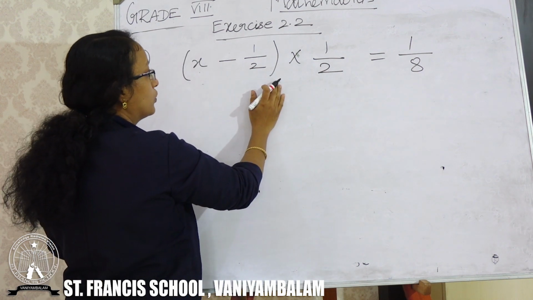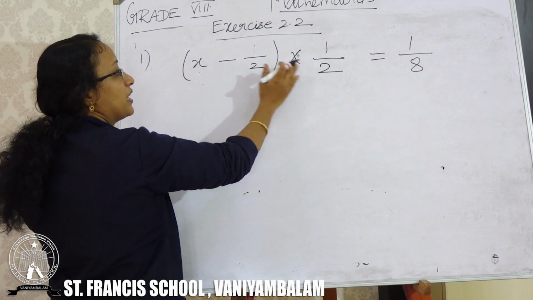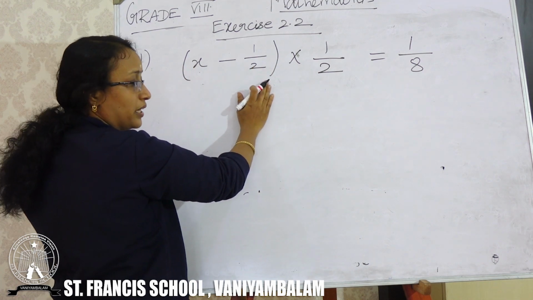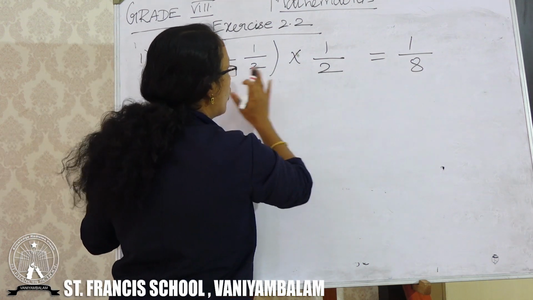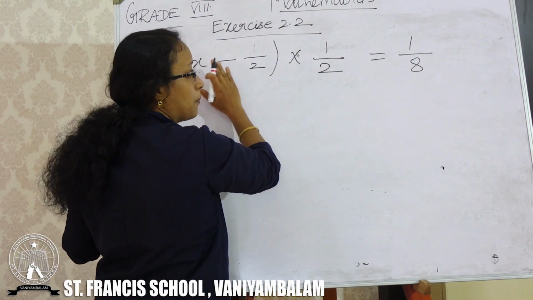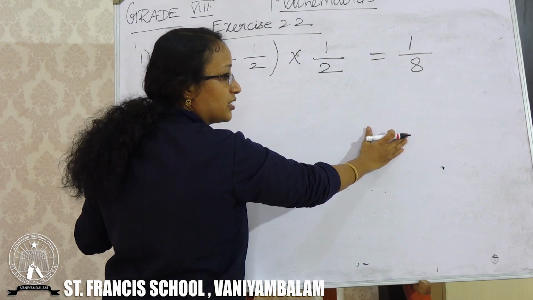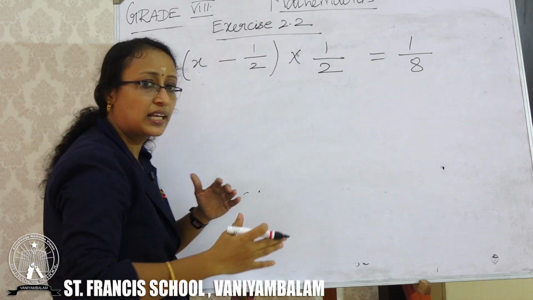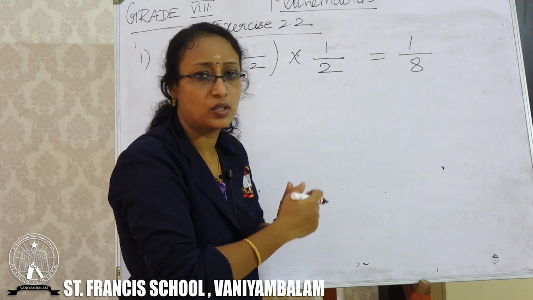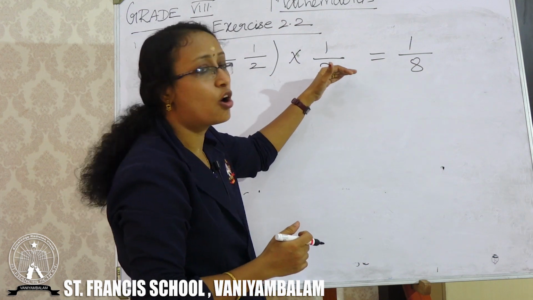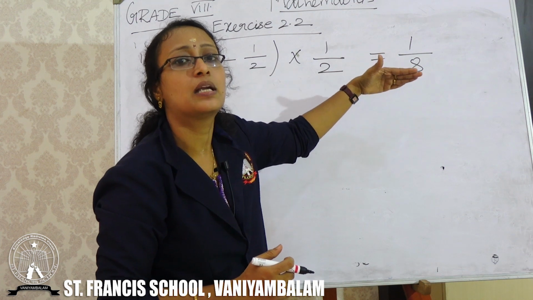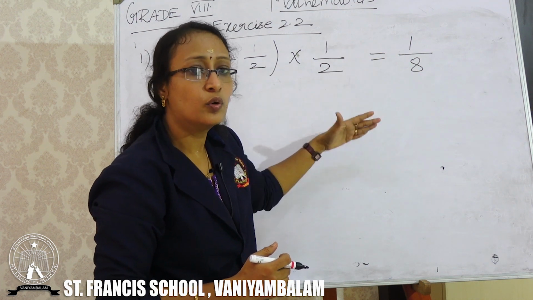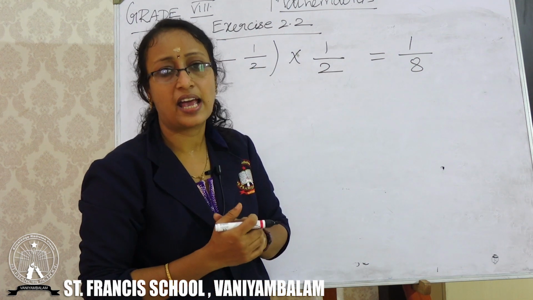So what will you do? First, multiply: this 1 by 2 is common for both x and 1 by 2. So multiply inside the brackets. Then you have one variable, so take all the constants to the right hand side. Whatever operations you can perform, addition, subtraction, multiplication or division, do it in that manner. Finally you will get the x value.